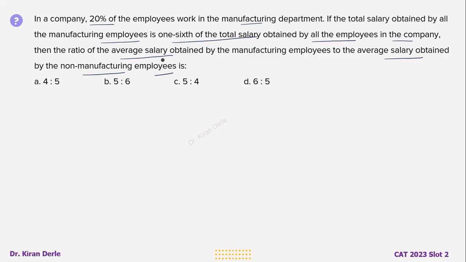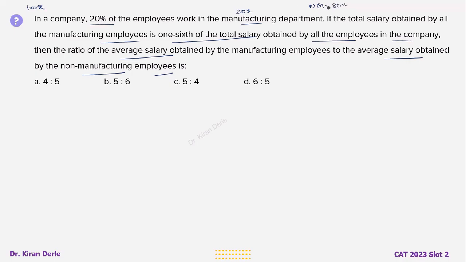So a couple of topics are mixed for this question. Let's do this. 20% of the employees work in manufacturing. So if 20x are working in manufacturing, the total must be 100x, and non-manufacturing will be 80x.